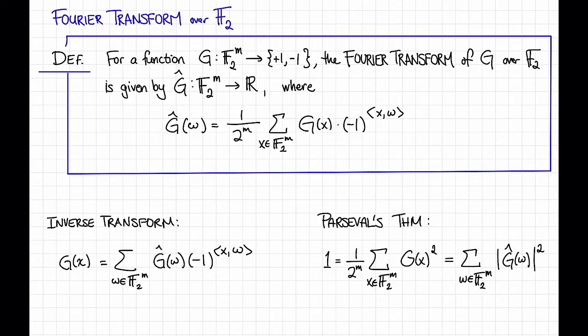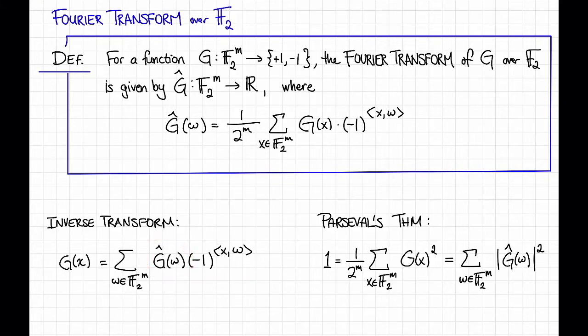And if you've seen the Fourier transform over the complex numbers, it turns out that similar things hold for this definition as hold for that definition. In particular, we have an inverse transform, so we can write g of x as the sum over omega in F2 to the m of g hat of omega times -1 to the inner product of x and omega. These g hat of omegas are called the Fourier coefficients.